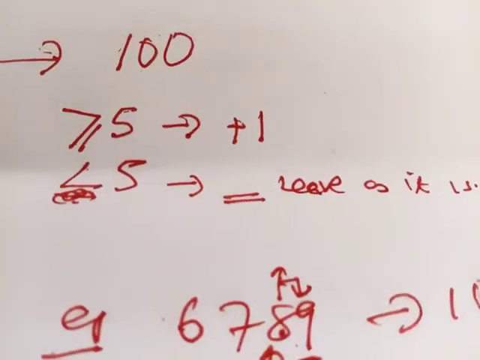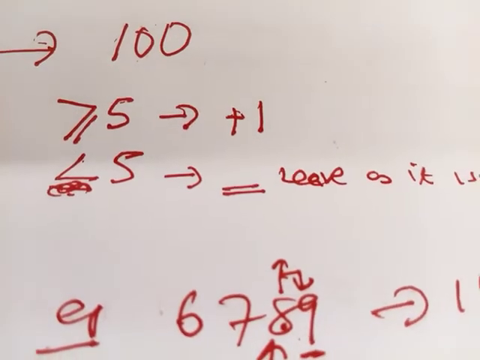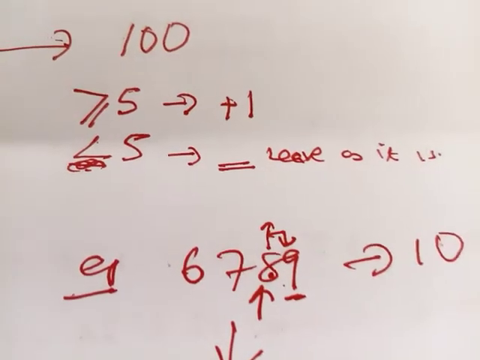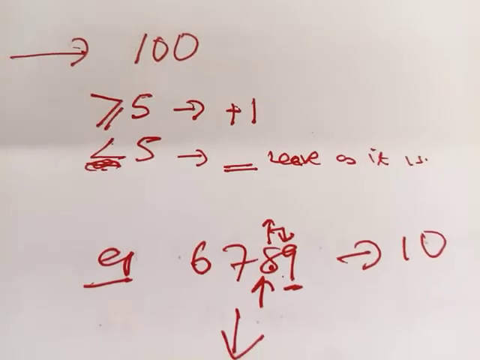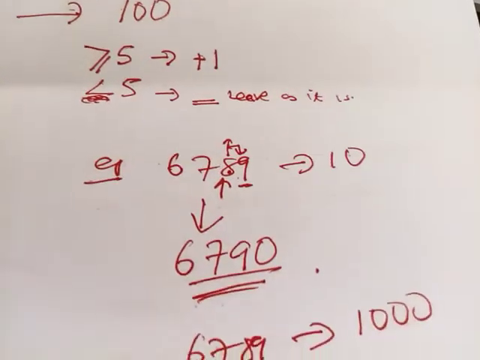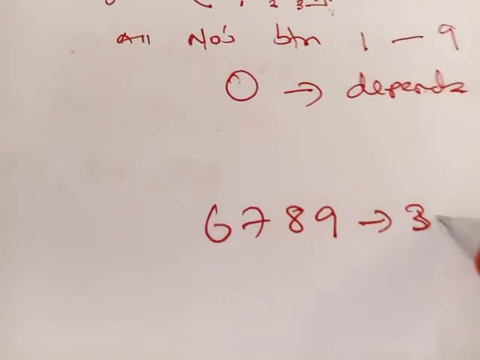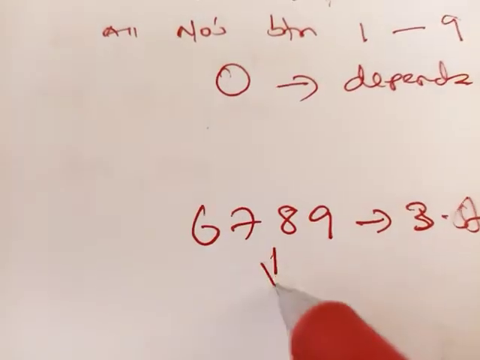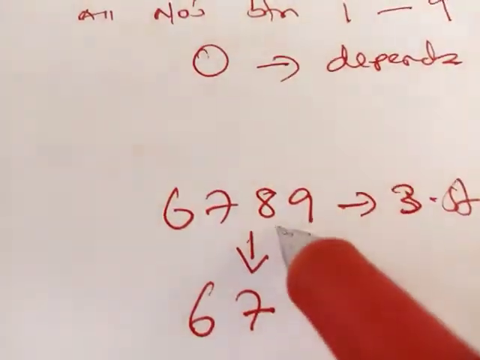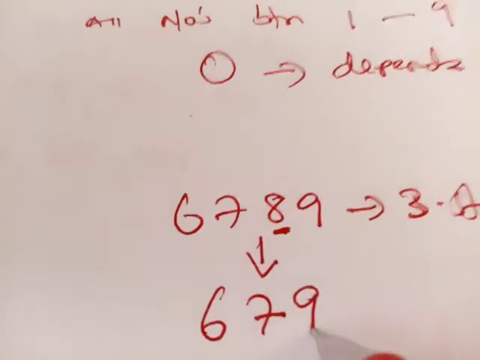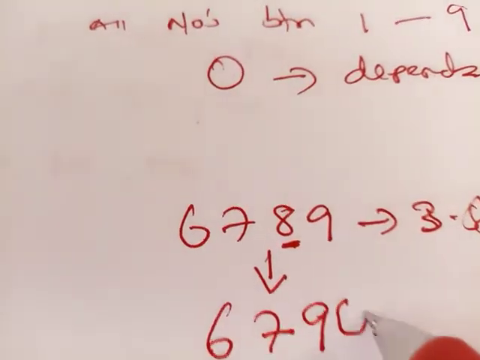If it's equal or greater than 5, we increase the number which we are subjecting to estimation by 1. So in this case, 6,789 to 3 significant figures becomes 6,7, then 8 is our number subject to consideration, and that increases to 9, and 0 has to hold the place there. Perfect.